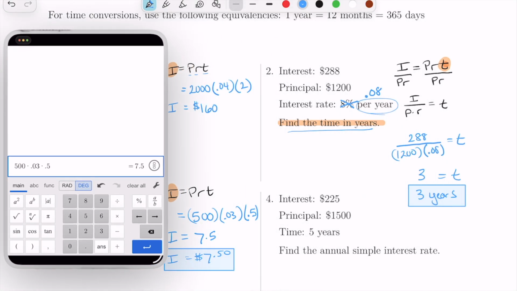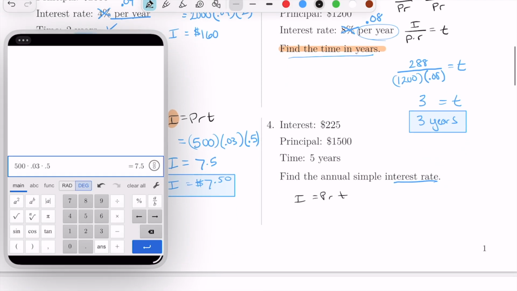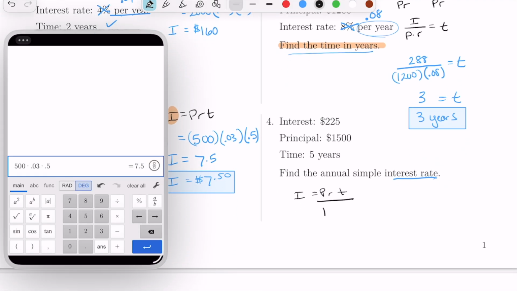The next one says find the annual simple interest rate. So this time we're solving for R. Let's go ahead and write our formula. I equals PRT. And if we want to solve for R, we can divide both sides by PT. This will get us our interest rate to be I over PT.